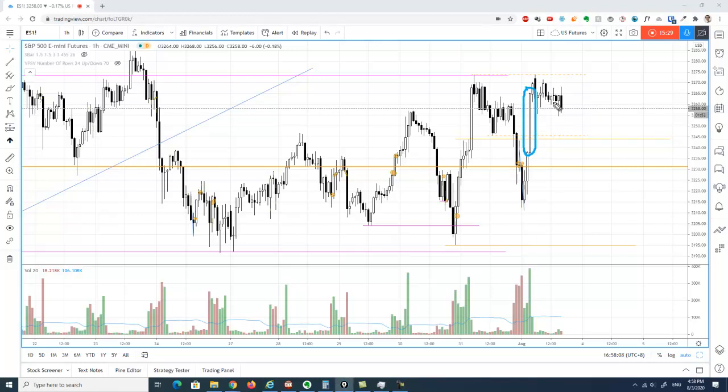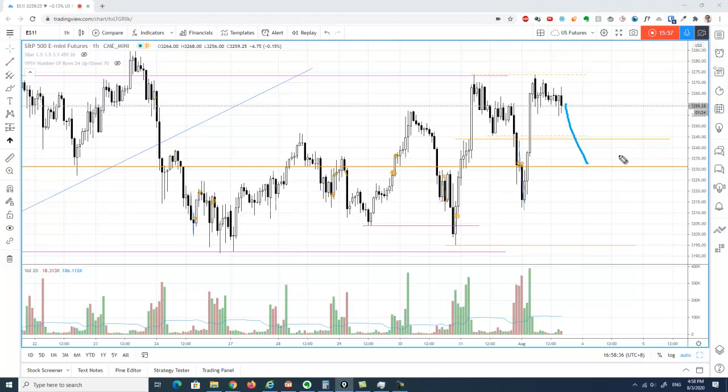So hopefully it could do something like this, maybe a break to the downside followed by a break back in, a reversal type of entry. Otherwise, if the market just shakes more people out, it could have another kind of reaction, maybe to test the 3230 level, and then followed by a reversal up.